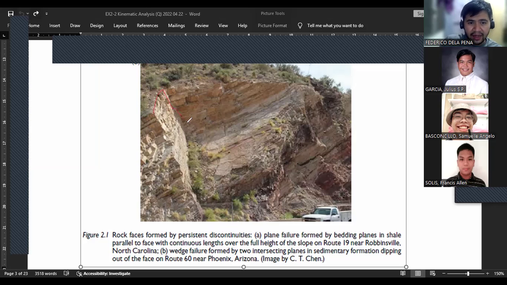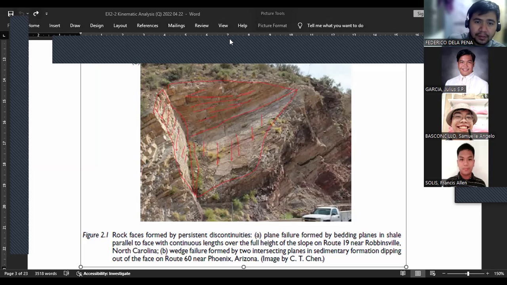And you actually have at least three discontinuity sets.